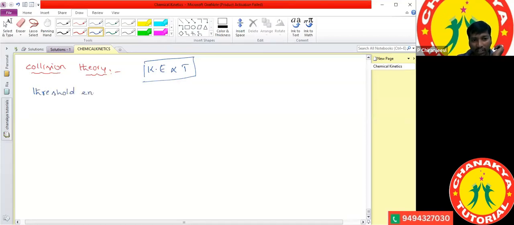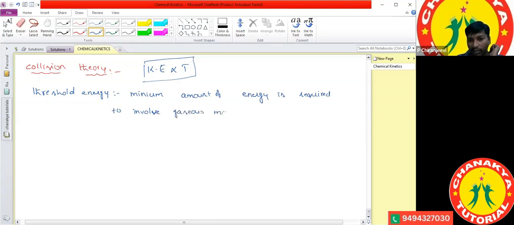Threshold energy is nothing but the minimum amount of energy required to involve the gaseous molecule in a chemical reaction.